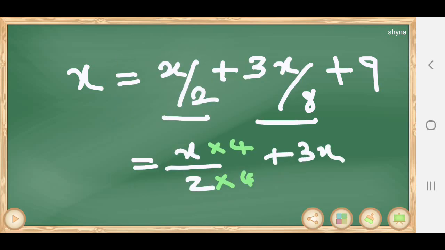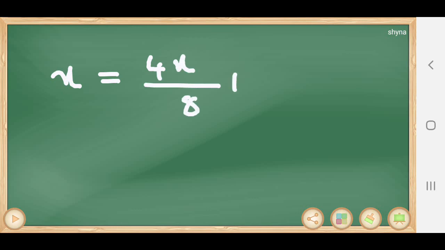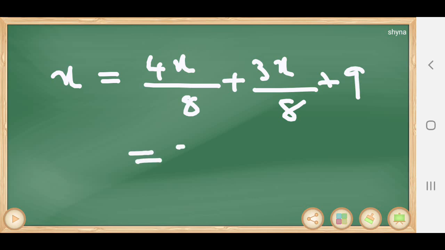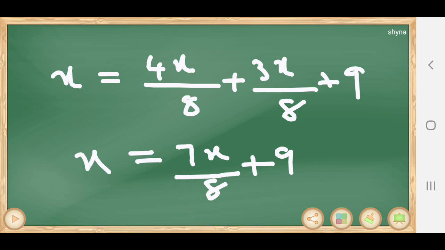So x by 4 plus... x equal to 4x by 8 plus 3x by 8 plus 9. Yes, 7x by 8 plus 9.